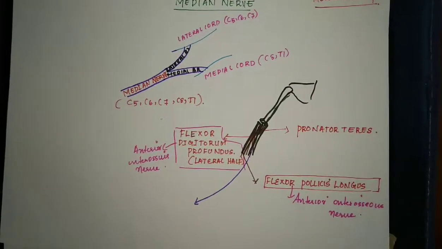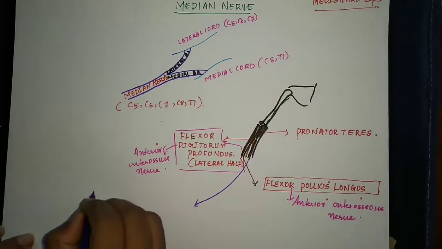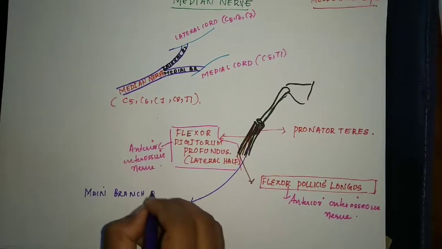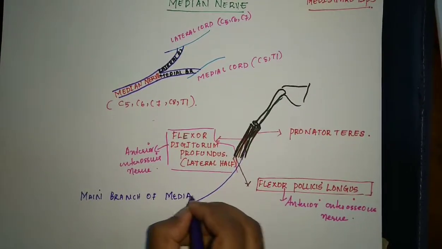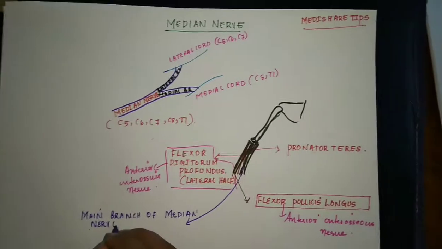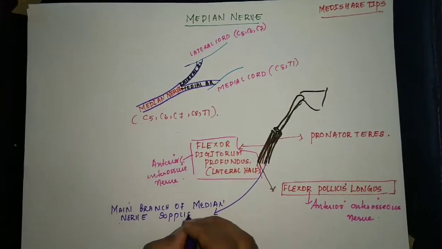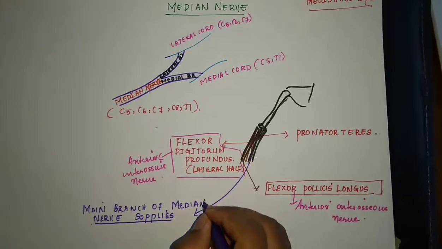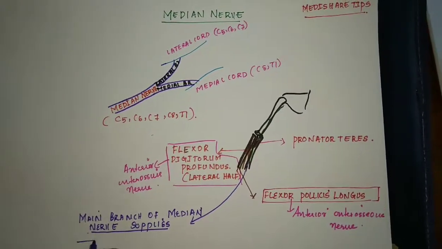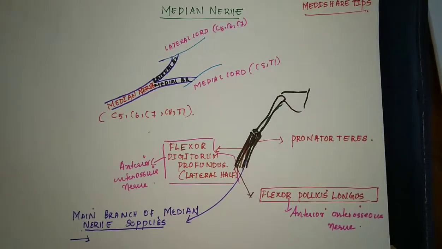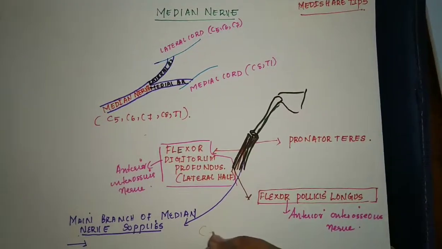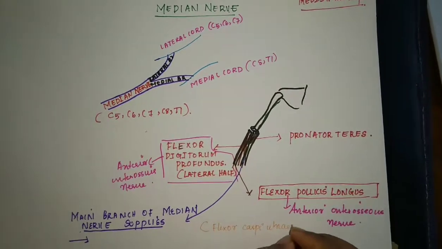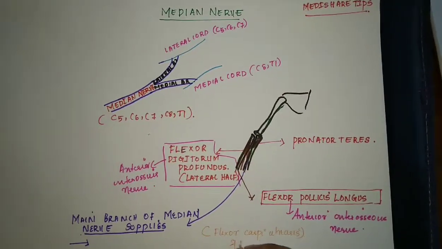The main branch of the median nerve supplies all the other flexor muscles except the flexor carpi ulnaris and the medial half of flexor digitorum profundus.